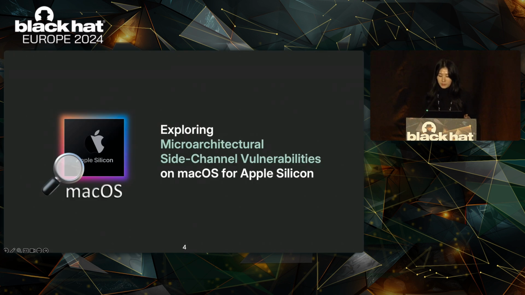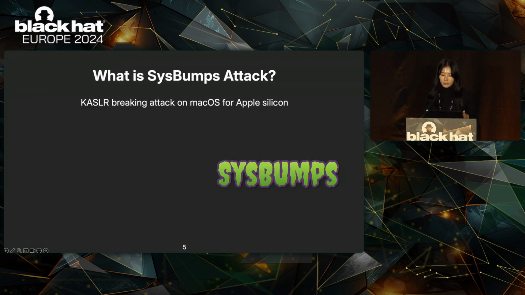We decided to explore the potential for microarchitectural side channel vulnerability in macOS environment running on Apple Silicon. Specifically, we focused on a well-known security mechanism, kernel address space layout randomization, or KASLR. The result of our research is SysBumps, an attack that successfully bypasses the kernel address space layout randomization on macOS Apple Silicon.